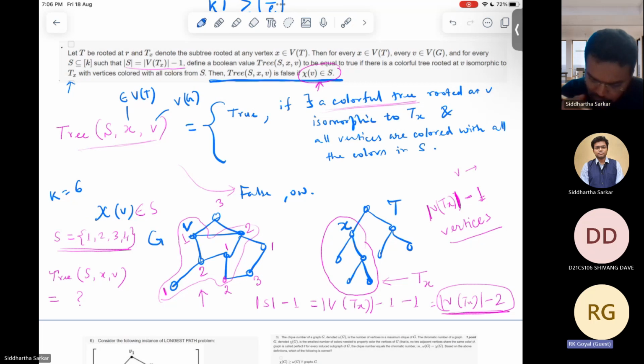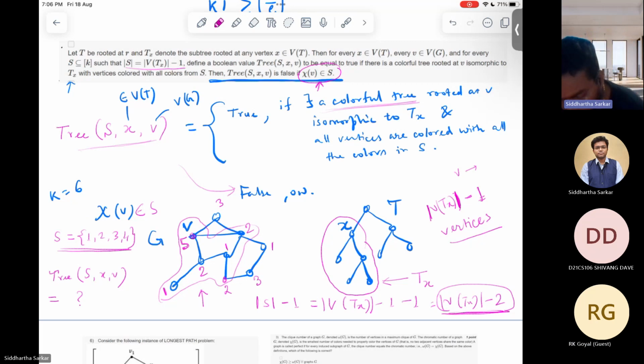So let us say in this example, instead of coloring the vertex V using the color 1 or 2 or 3 or 4, we colored it using 5. That is a valid coloring. So let us say chi is a function that colors the vertex V with color 5, then that is a valid coloring.